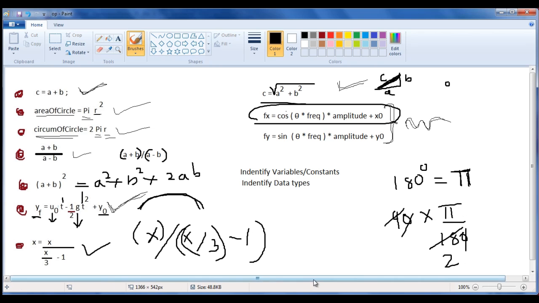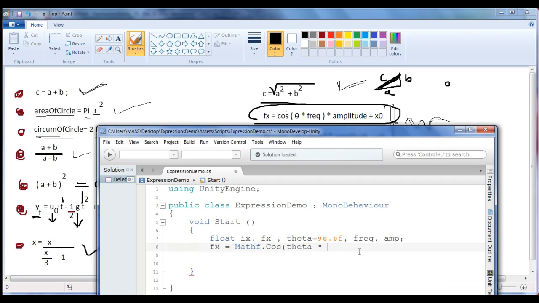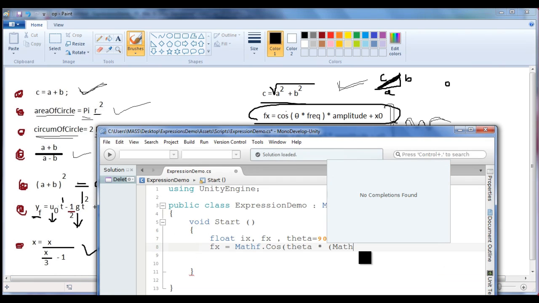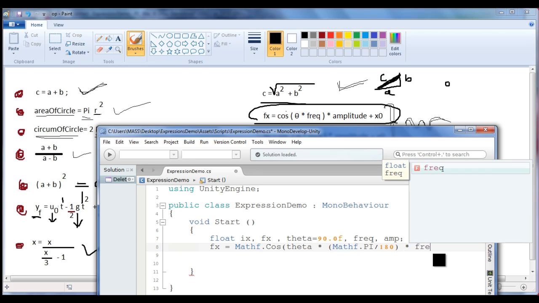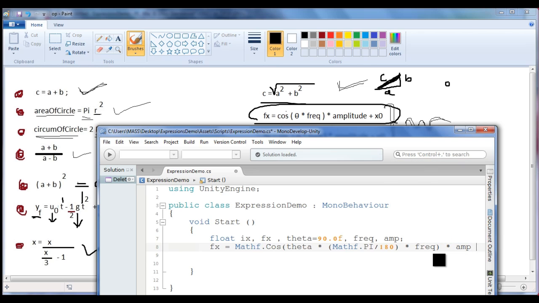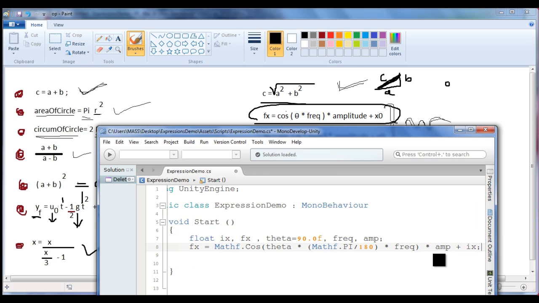So we can write it as multiply by Mathf.PI divided by 180, which will give you the result. Then you multiply this with the frequency, bracket close, multiplied by amplitude plus the initial x position. Can you see that?